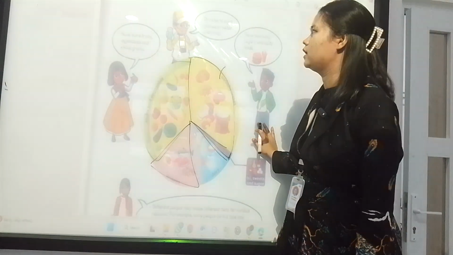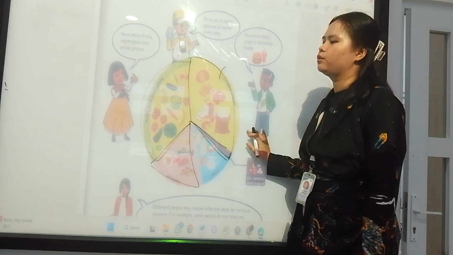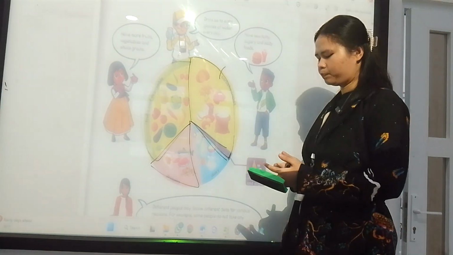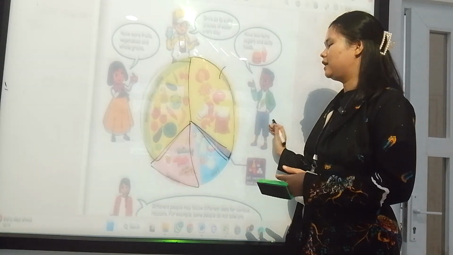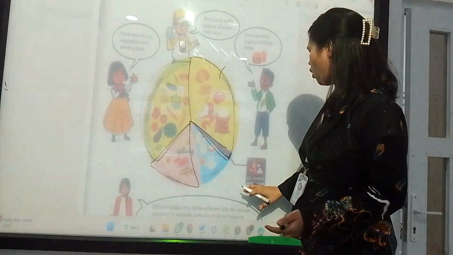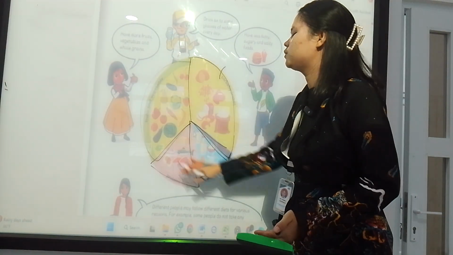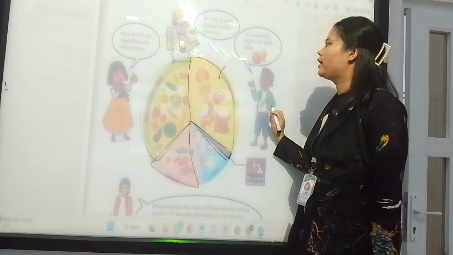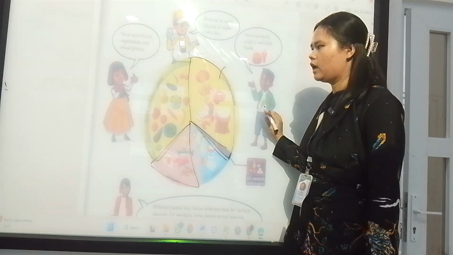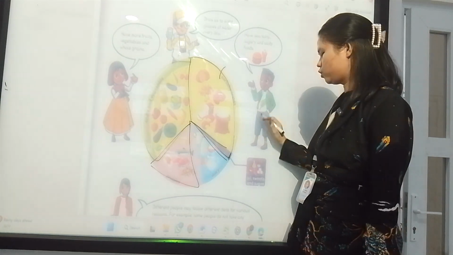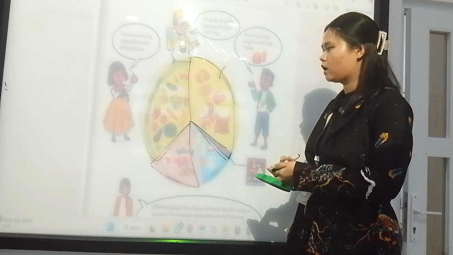If you fry the bread, it will give you oil. If you eat more carbohydrates or more oil, sweets and sugar than this plate shows, it can lead to tooth decay, diabetes, and even heart disease because of too much fat.